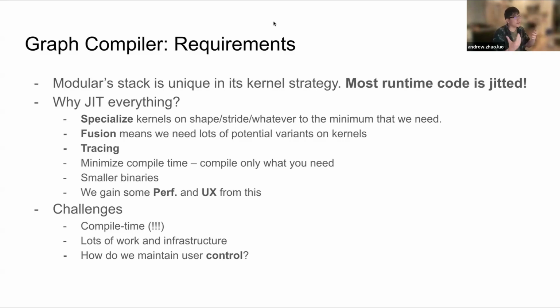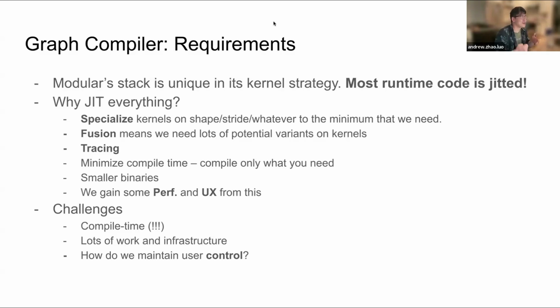The other benefit is that you're only compiling for what you exactly need. So theoretically, you're also having compile time improvements potentially, depending on how crazy you go with the specialization and fusion. Therefore, by JITting everything, you get both performance from specializing kernels, as well as a little bit of user experience from lower binary sizes and compile times.